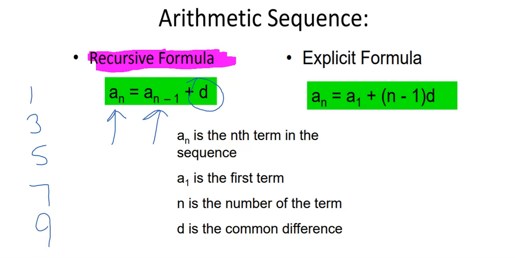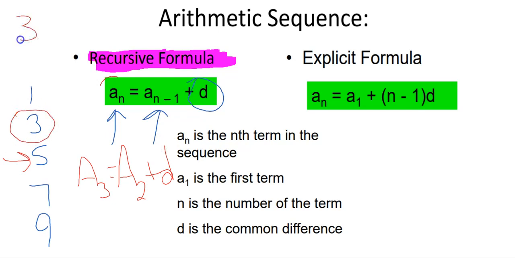If I want to know what the third term is, which is 5 here, this formula says in order to find the third term, I take the second term and add the common difference. So I take the second term, which is 3, and add the common difference, which is 2, and it gives me 5.